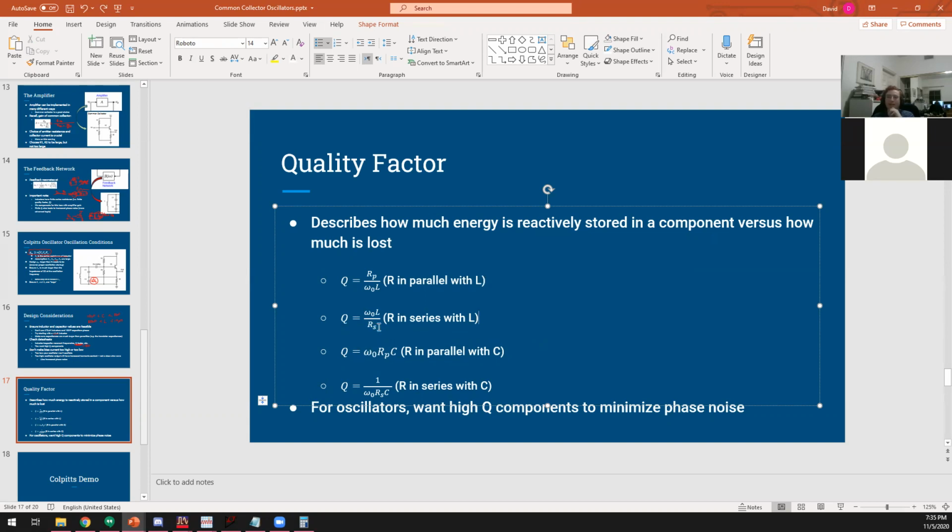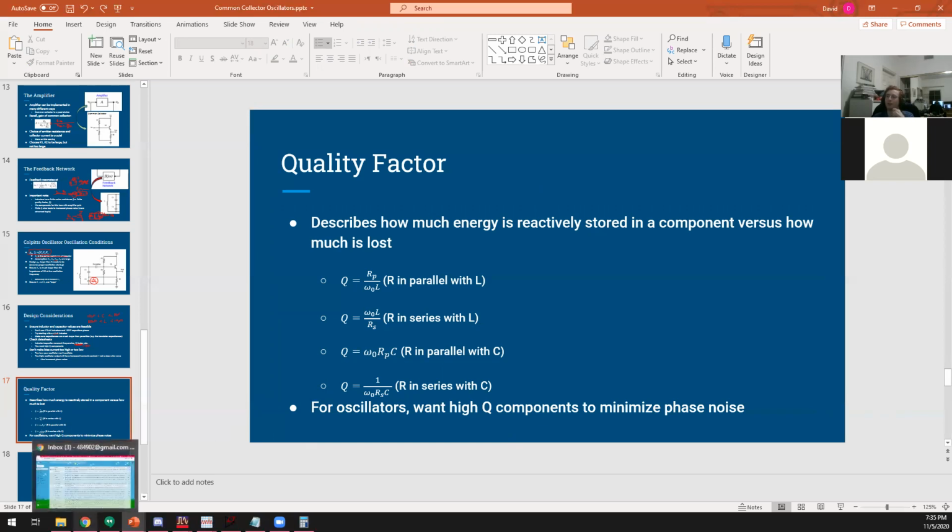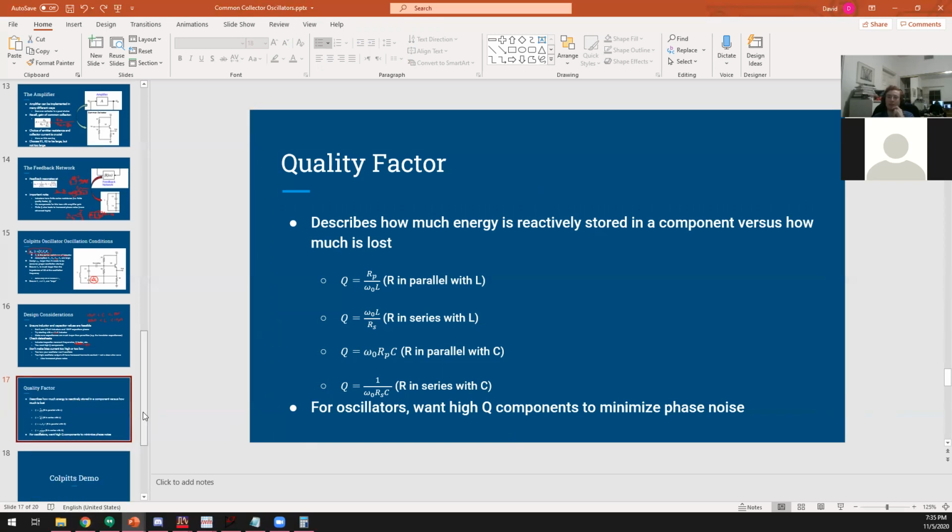What would that quality factor be, or that resistance be? So it's kind of iffy, but that's how you do it. So like I said, for an oscillator, we want high Q components, and that'll minimize the loss in our tanks. All right. So does that make sense, everyone?